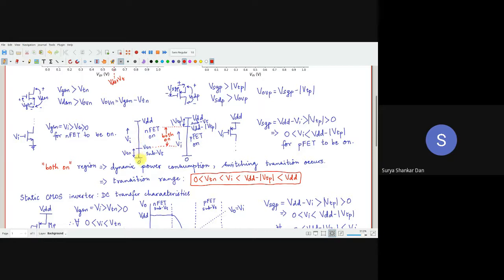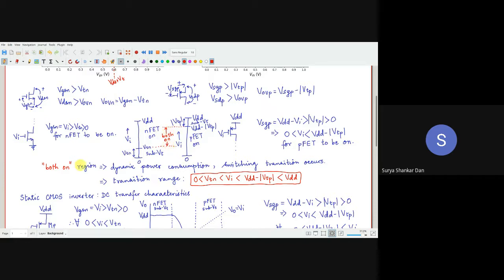So the crux of the story is, when VI is between VTN and VDD minus VTP, both the transistors are switched on. Make sense? देखो NFET VTN से VDD, PFET 0 to VDD minus VTP. So बीच में यहाँ पर दोनों ही switched on है.